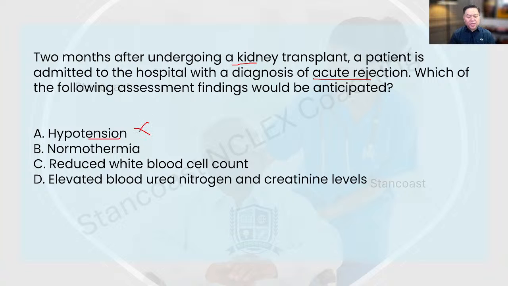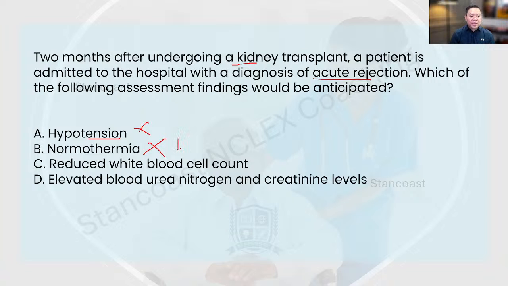What about letter B? Normothermia, normal temperature. It's not a specific indicator of acute rejection. Eliminate that. That is just a distractor. And the reason is that in acute rejection, instead of normothermia, our patient will have fever.